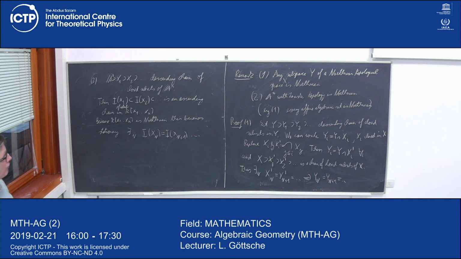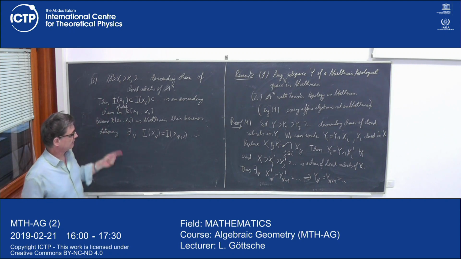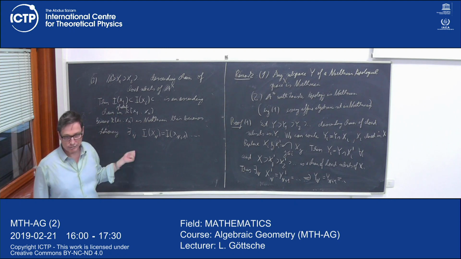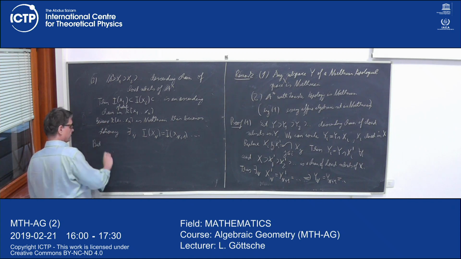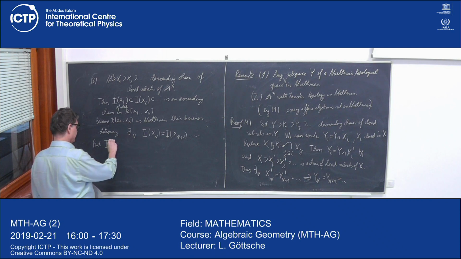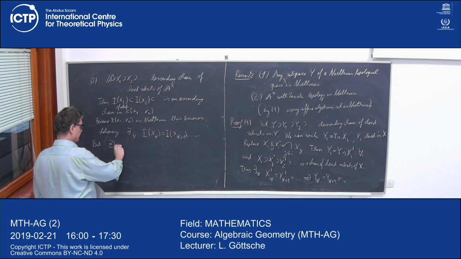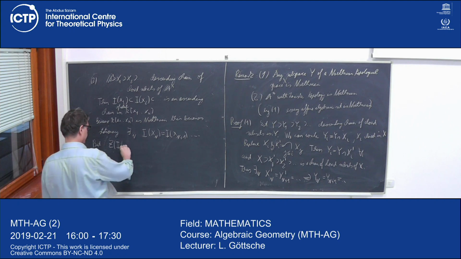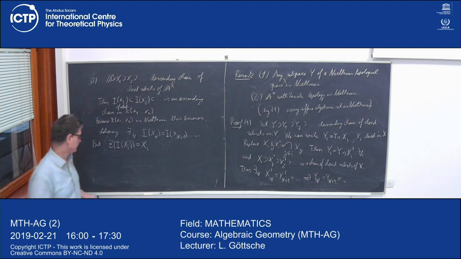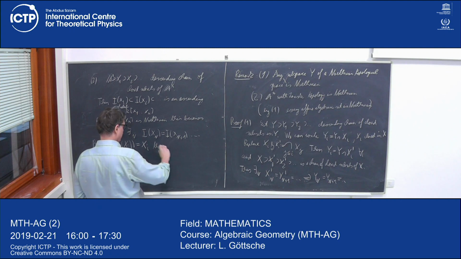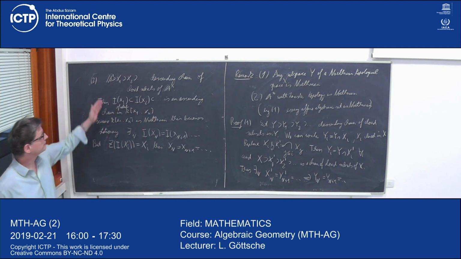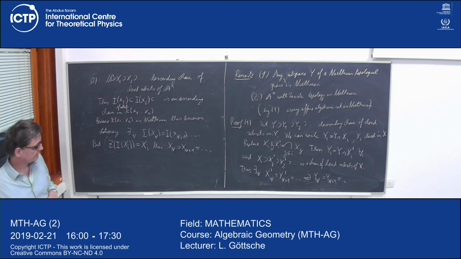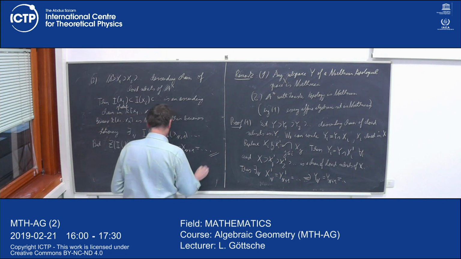But now I've just shown you that for a closed subset of A^n, the zero set of the ideal of the closed subset is the closed subset. So we know that the zero set of the ideal of each Xi is just Xi. Thus we have Xn equal to X(n+1). So the descending chain of closed subsets has become stationary, and this shows that this is a Noetherian topological space.